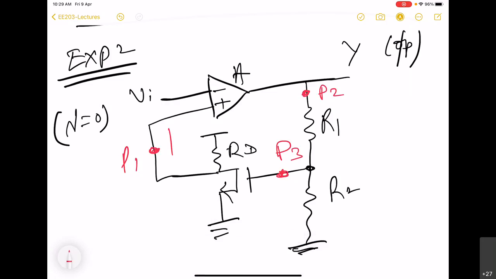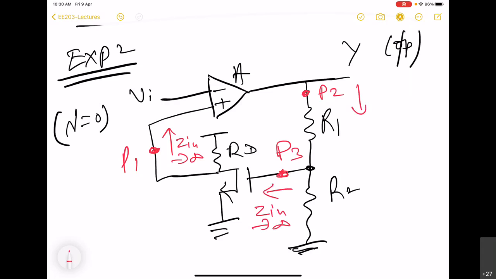We see that at point 1, the input impedance looking in this direction is infinite. So here we can easily break the loop. Looking from point 3 also, we again have input impedance infinite. So here also we can break the loop easily.